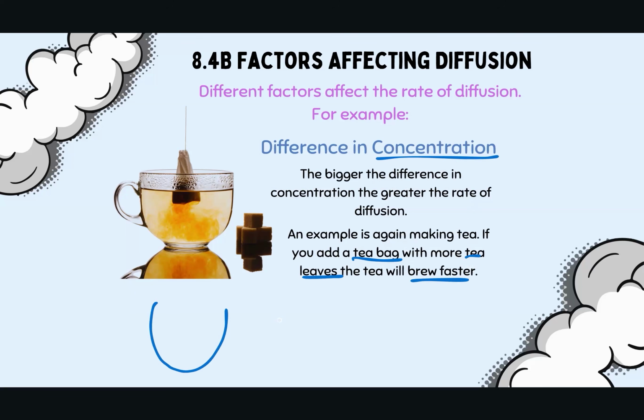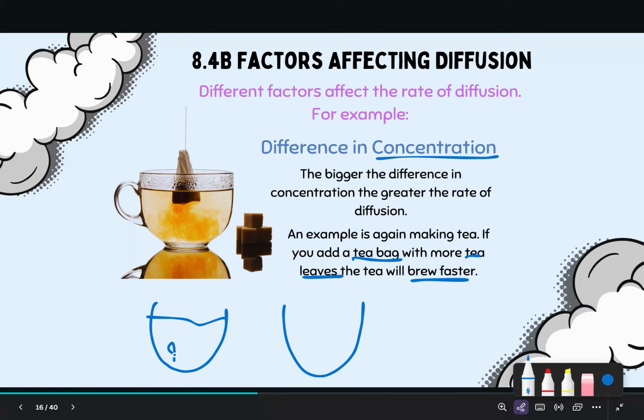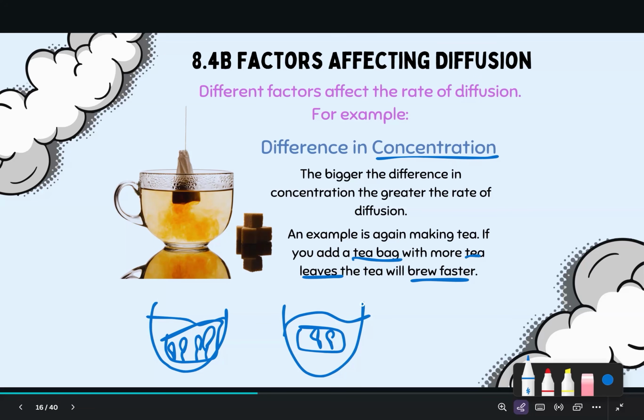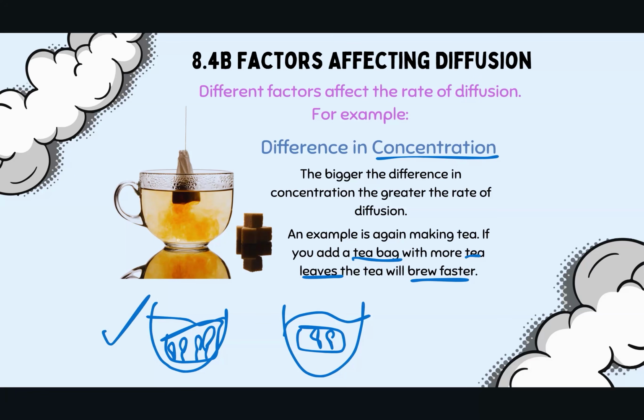So if you've got 2 cups of tea, same temperature, this one's got a tea bag that's got 1, 2, 3, 4 leaves inside it, but this tea bag here has only got one tea leaf inside it, or 2 tea leaves inside it. Then this one's going to diffuse much faster. It's going to have a greater rate of diffusion because it's got more particles.